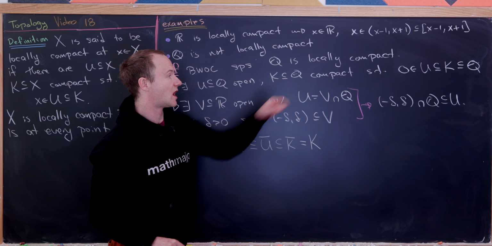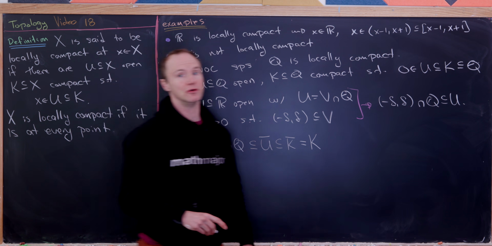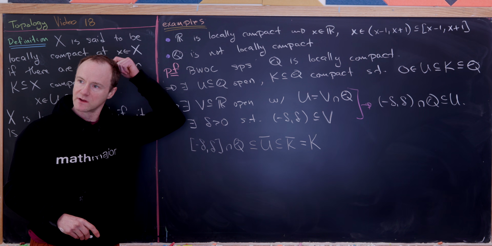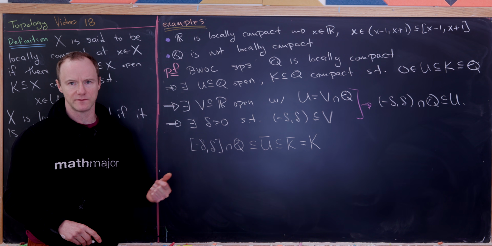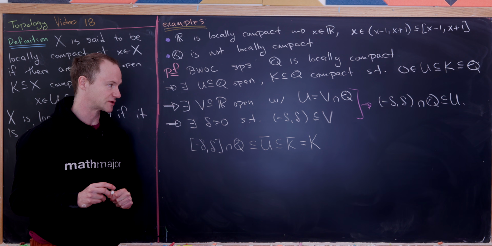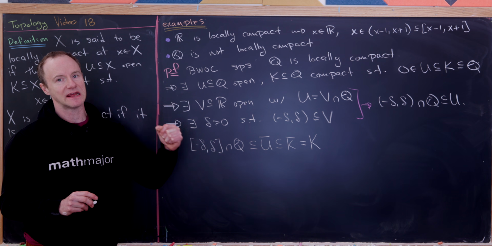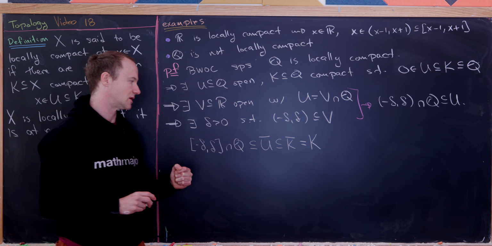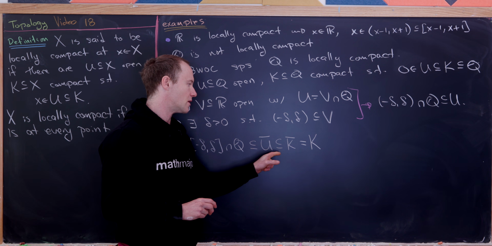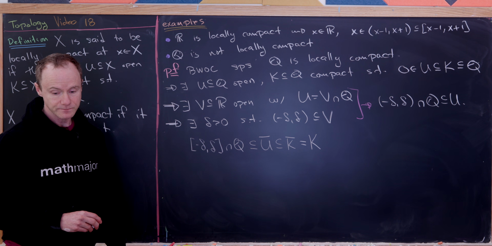Well, K is compact and K is a subset of Q, but Q is Hausdorff. Now, maybe we didn't directly prove that Q was Hausdorff, but I think you could pretty easily prove that Q is Hausdorff. But let's recall that a compact subset in a Hausdorff space is closed. So that's how we know that the closure of K is equal to K.